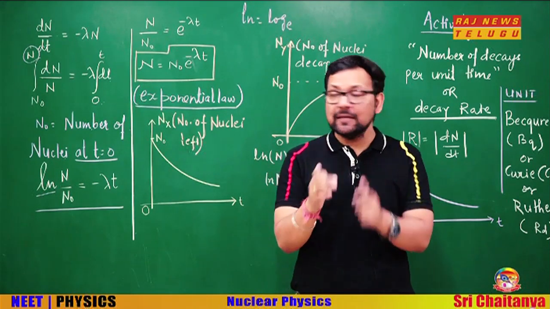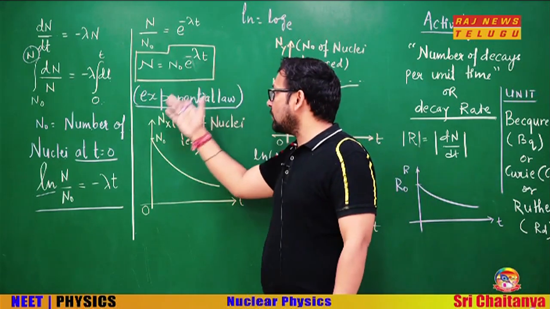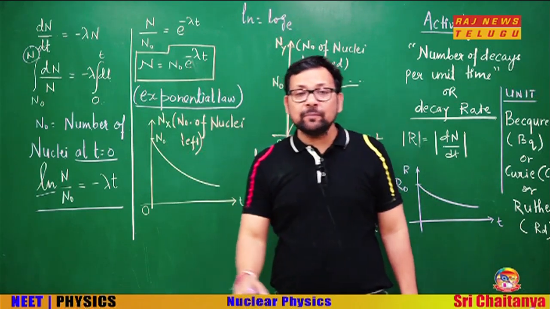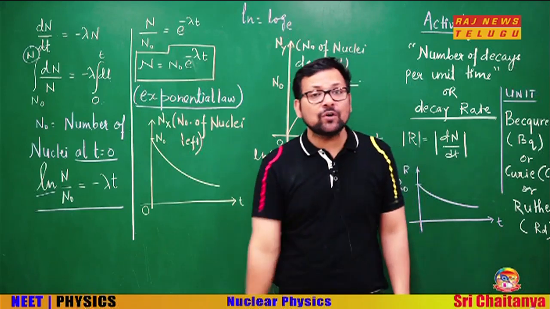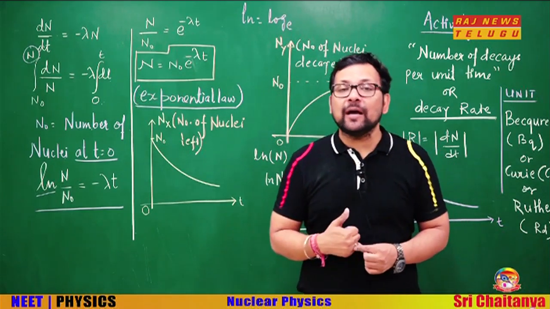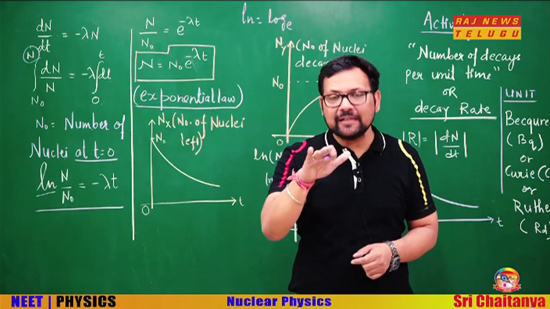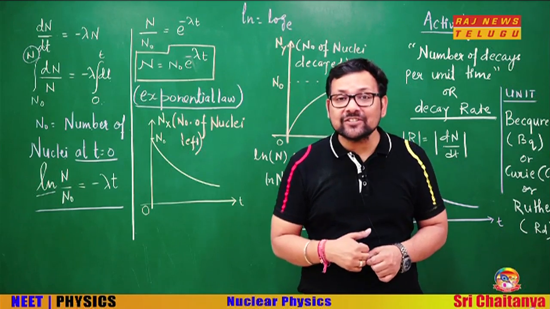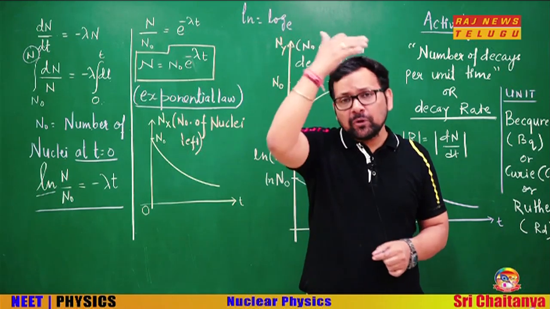Do remember this. First of all, this law is an exponential law, which we can clearly see. And do remember what N is, what N0 is, what lambda is, and what t is. N is the number of radioactive nuclei left at the time. N0 obviously was the initial number, and the disintegration is exponentially decreasing.